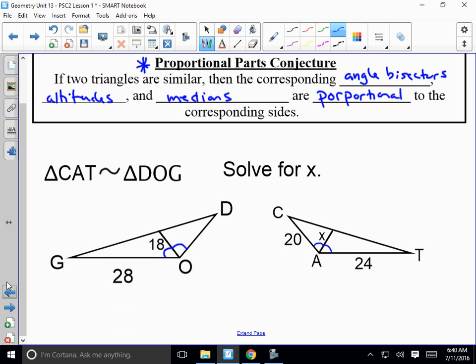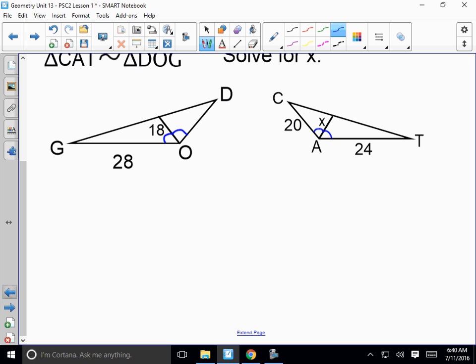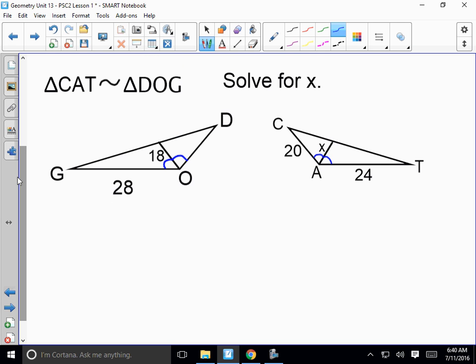So when we look at these triangles, if I'm trying to solve for x, as long as I make sure that I use the corresponding parts, and you have to make sure that you're matching the triangles properly, because here we've got CAT is similar to DOG. So we need to make sure that if I'm using the length CA, I would have to use the length DO.